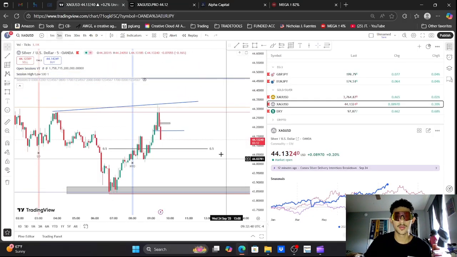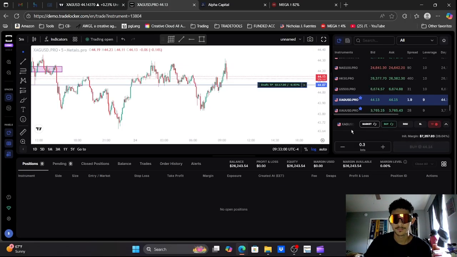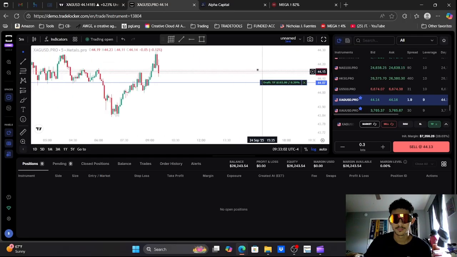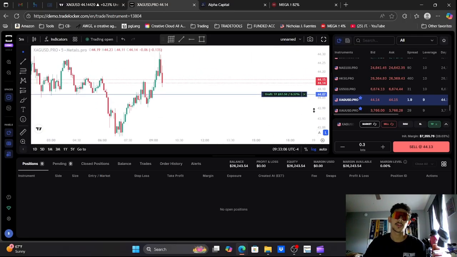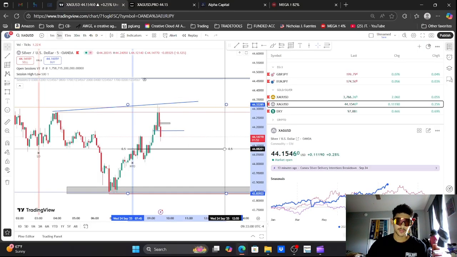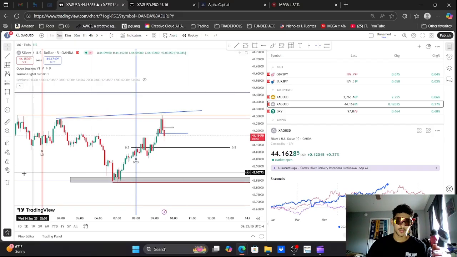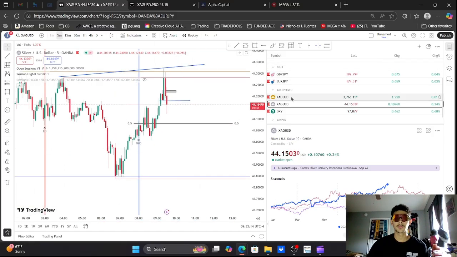On silver, I'm going to go ahead and enter. So we have two positions based off this equilibrium as my first TP, and then previous session lows is my second TP.